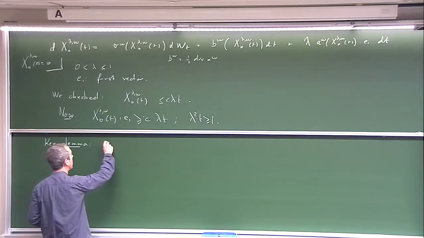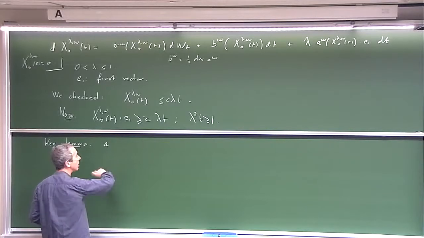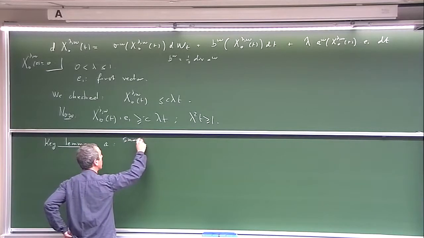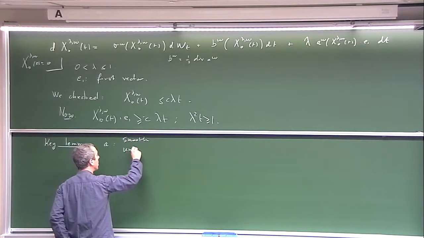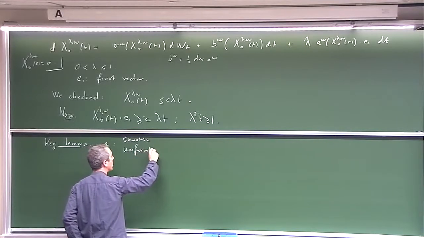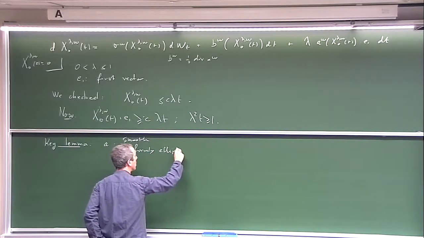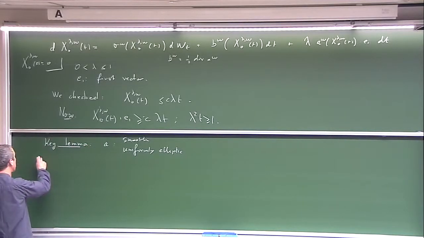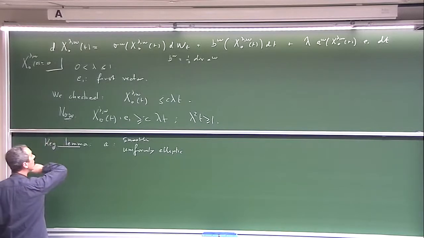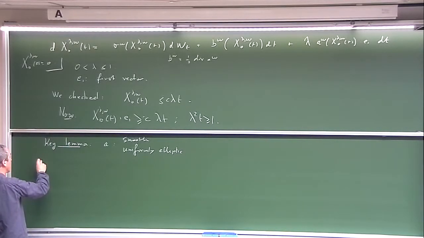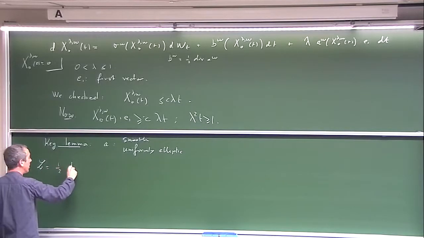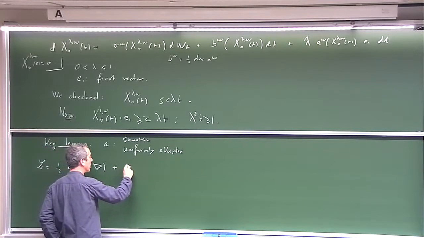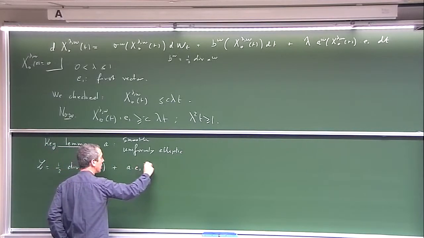So I'm taking some A, which is a diffusion matrix, and I assume that it is smooth, for convenience, and uniformly elliptic. And then I'm going to look at the process generated by the operator, the same as above, with lambda equals 1. So I'm looking at the generator L, which is 1/2 div A grad, plus the drift part, which is A E1 dot gradient.